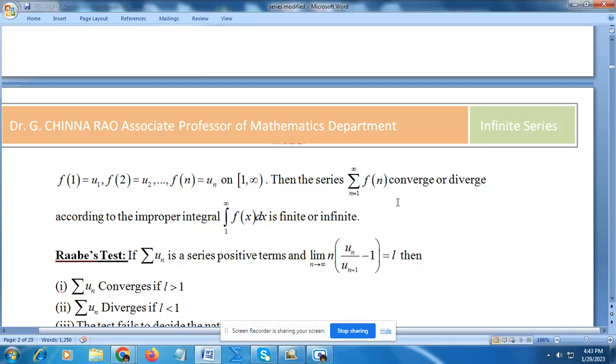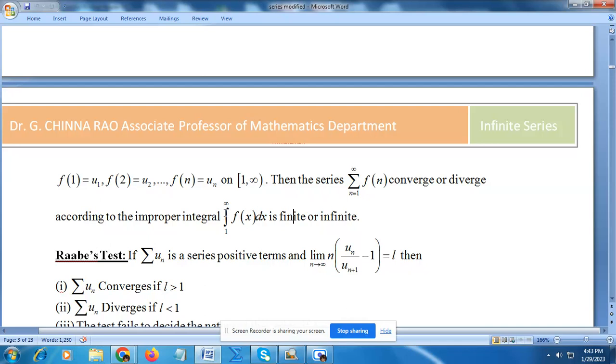Then the series sigma f(n) converges or diverges according to whether the improper integral from 1 to infinity of f(x) dx is finite or infinite. If the integral is finite, the series converges. If the improper integral is infinite, the given series diverges.